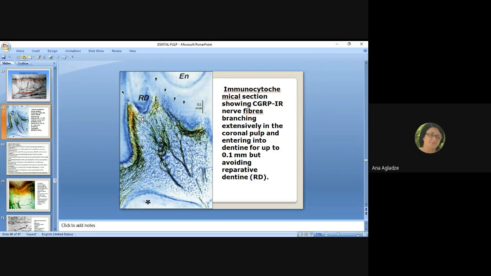And the signals in the nerves are conducted in the form of electrical action potentials, you know. This happens within seconds or shorter time units, and these neuropeptides are conducted by the nerves from the pulp in the axons to the neurons in the trigeminal ganglion and back to the pulp.